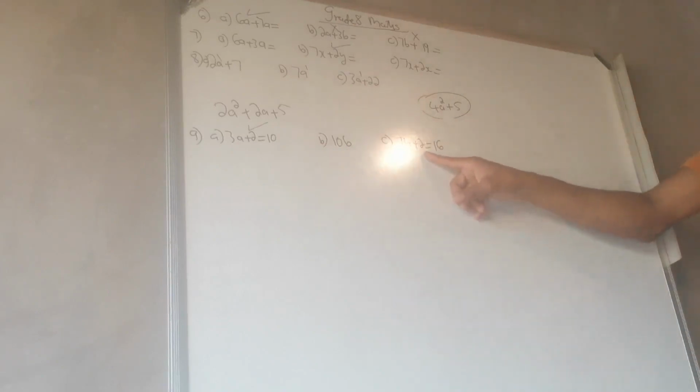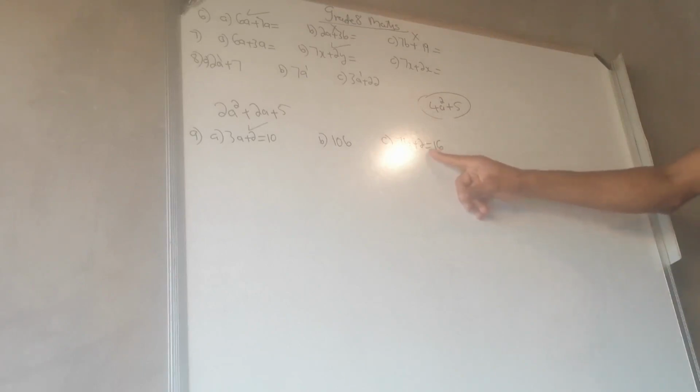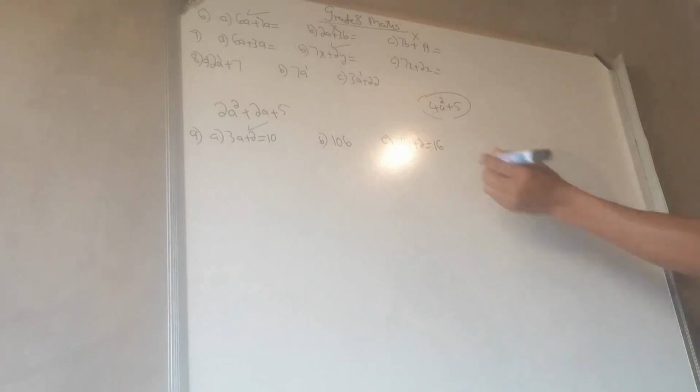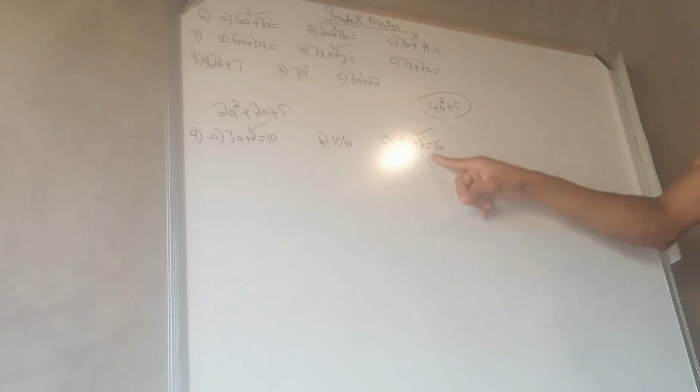You are an algebraic equation because you have an equal sign. So this one also fits the criteria of an algebraic equation. Anything that is a mathematical description with an equal sign, we regard as an equation.